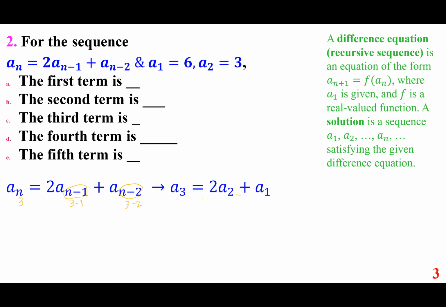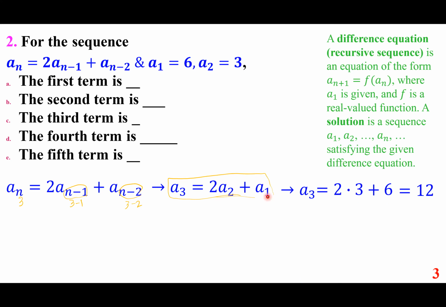This is 3 minus 2. And this is how we arrive at a sub 3. Based on the general definition, we can find the specific definition. 2 times a sub 2, that means 2 times 3, which is 6, plus a sub 1, and that's another 6. They add up to 12.